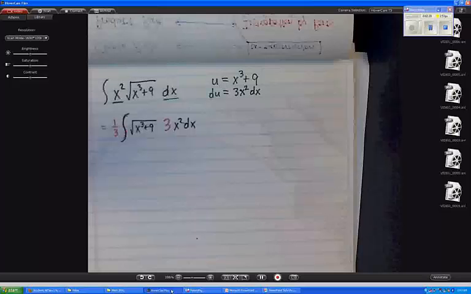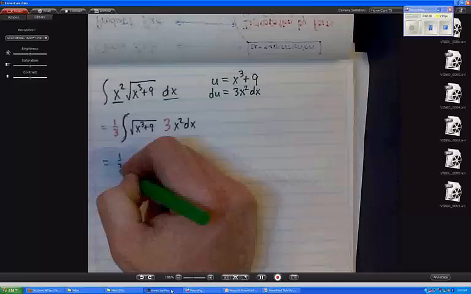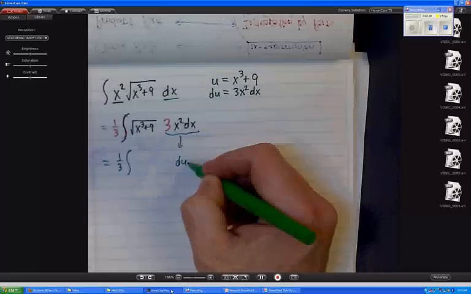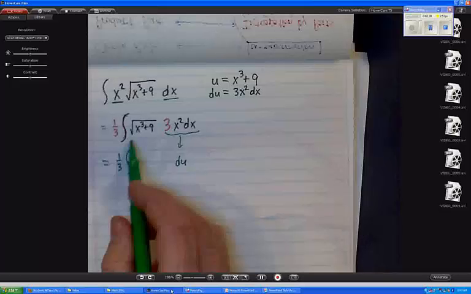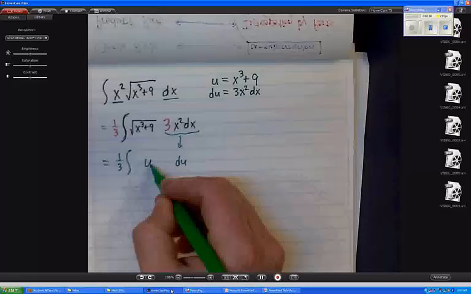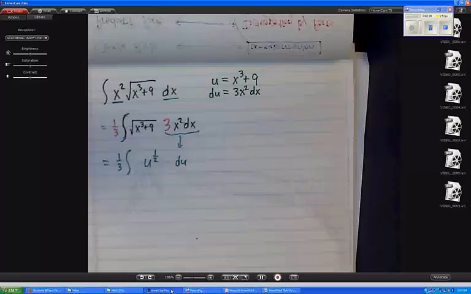Because what I want to get, when I substitute, is my du. And then what would this be? Sure, it's the square root of u. u to the 1/2. Make sense?